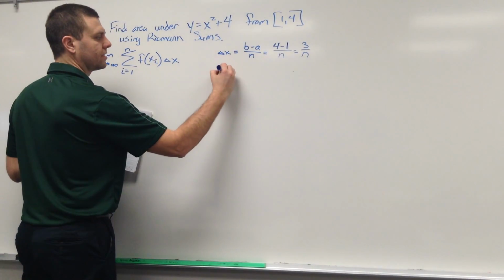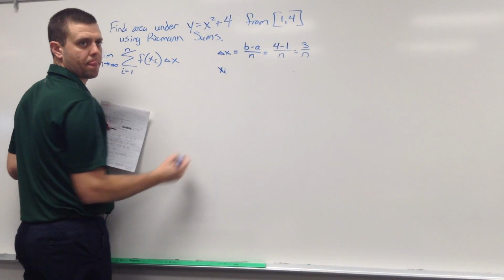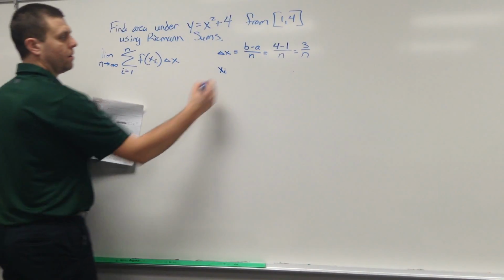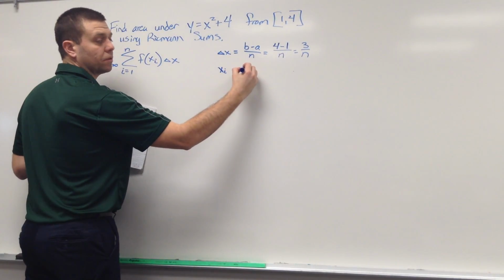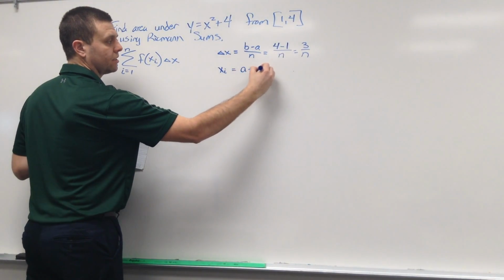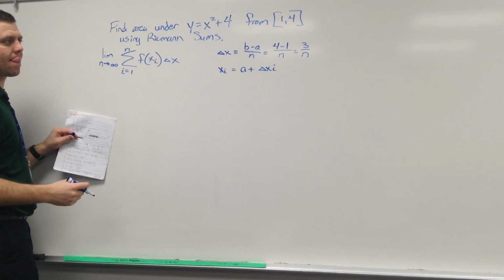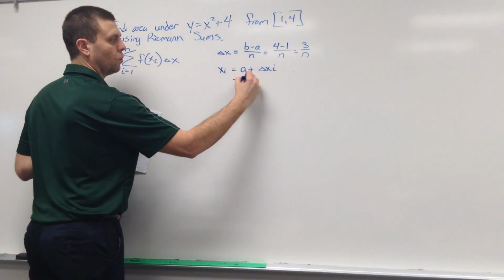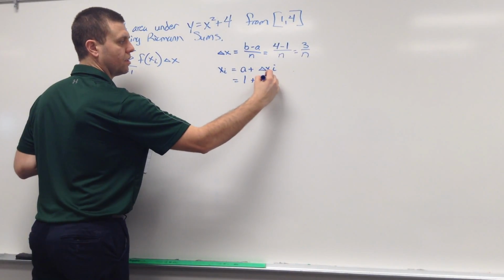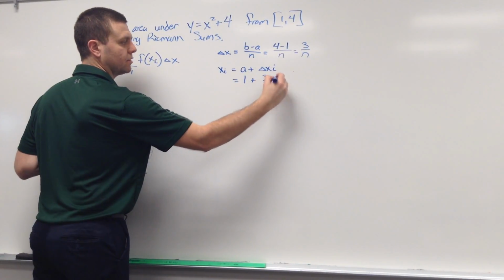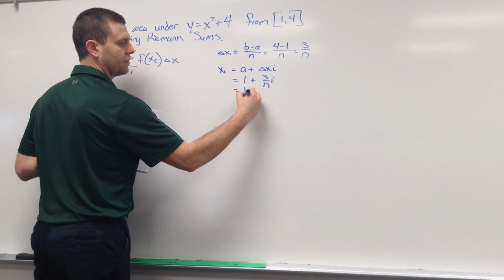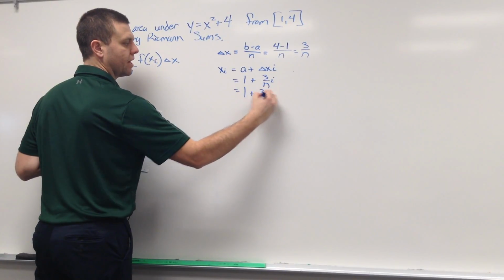And x sub i, remember, is equal to a plus i delta x. So in our case, 1 plus 3 over n times i, or I'll even think of it just as 1 plus 3i over n.